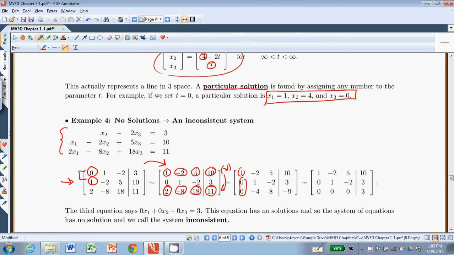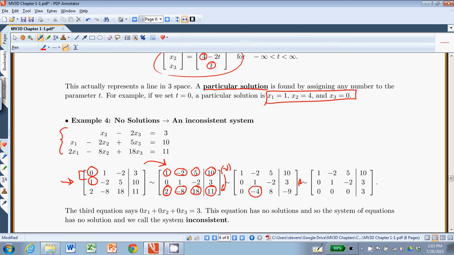I need now to go over one column, down one row, working to the right and down. I want that term right there to be a 1. It already is a 1, so I'm lucky. So the next thing I want is for this -4 to be a 0.